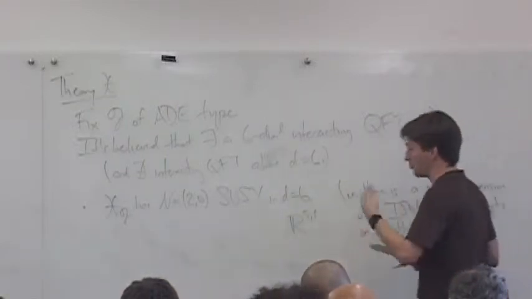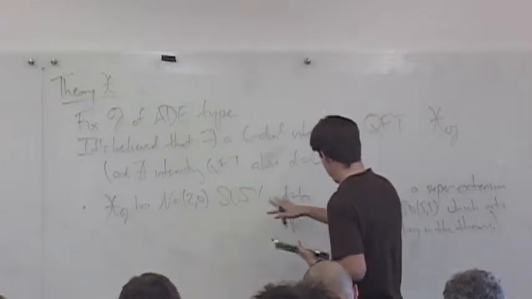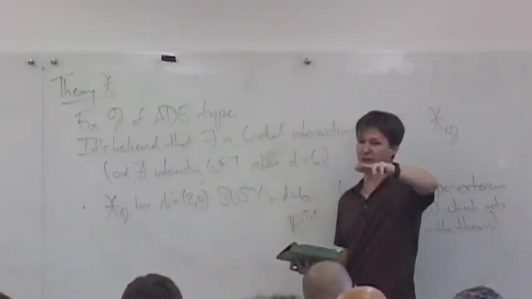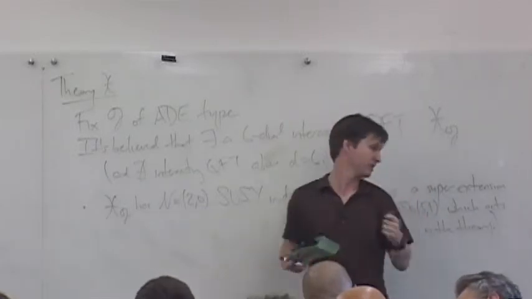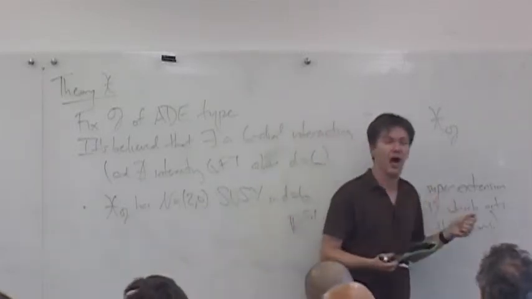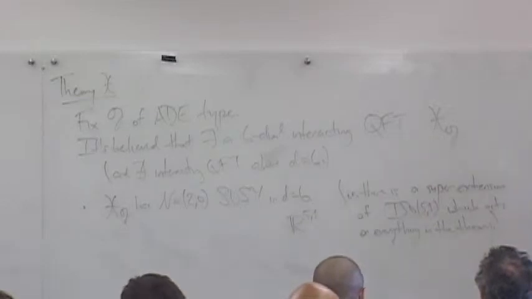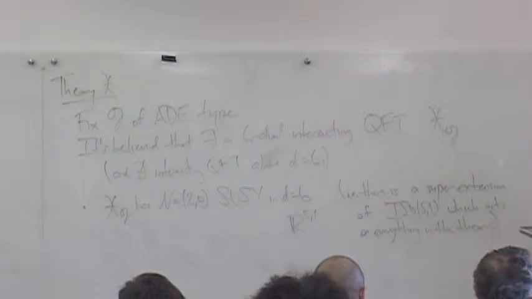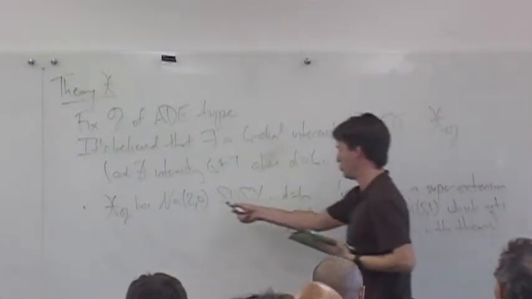For example, the space of operators of the theory is acted on not only by this ISO(5,1), you can not only move them around by the Poincare symmetry, but you can also transform them by these additional odd generators. And things like correlation functions are supposed to be invariant under this symmetry. Okay, so that's the first thing. And this 2, 0 just tells you which super extension it is.